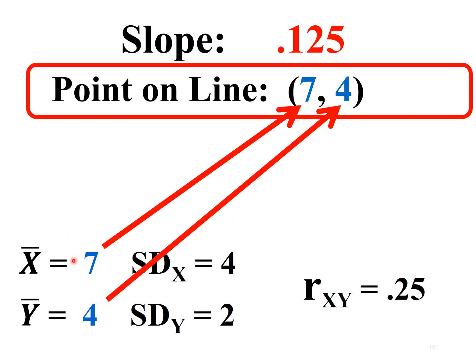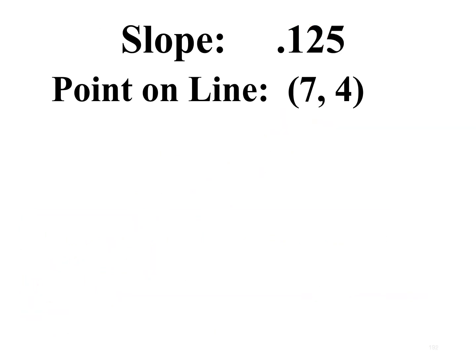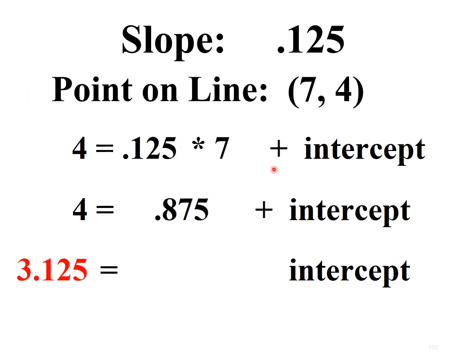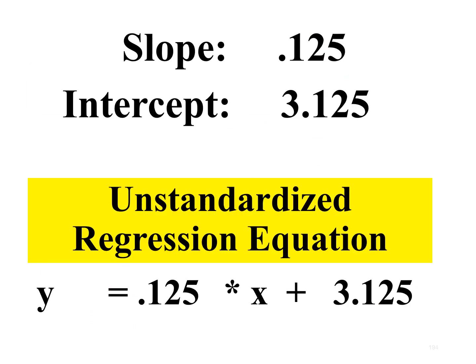Remember, point of averages is just the mean of x and the mean of y. So we plug in those values and we solve for the intercept. Once you have your slope and the intercept, you plug your values into the general equation of a line, and it should look like this. That's your unstandardized regression equation.